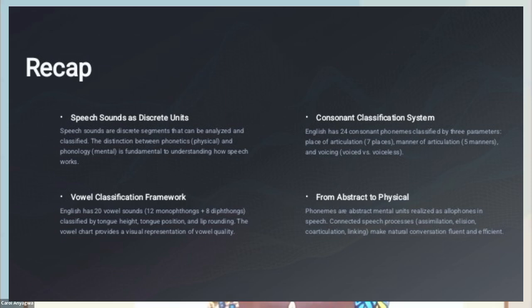And we said that this is fundamental to understanding how speech works. Next, we looked at the 24 consonants of English and their parameters. We classified them based on the place, the manner, and voicing.